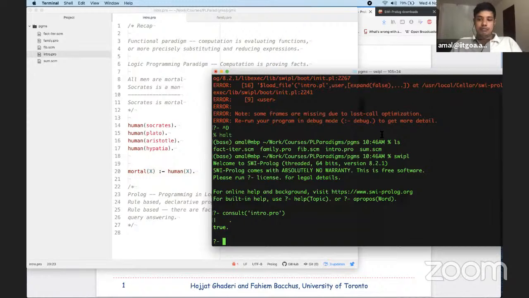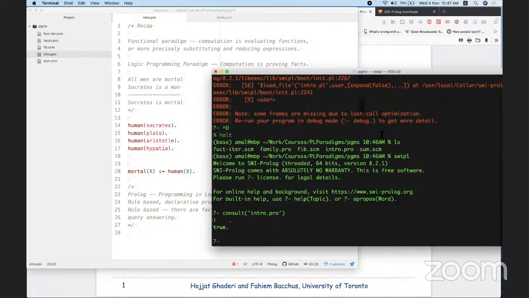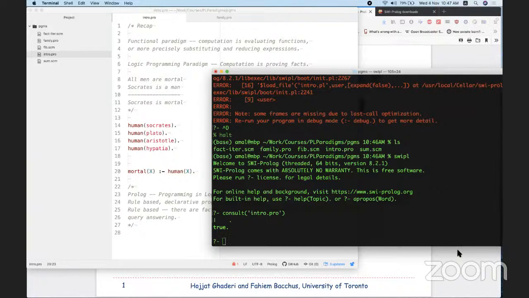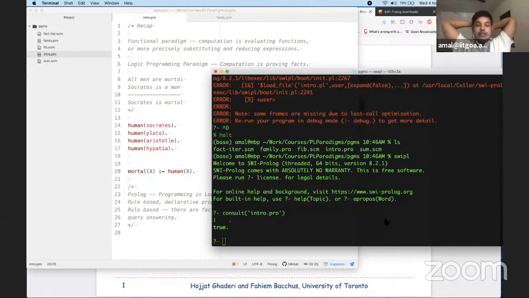Yes, sir, managed. Sir, while writing human, can we only input a capital letter? No, everything has to start with a small letter for the moment, except variables.